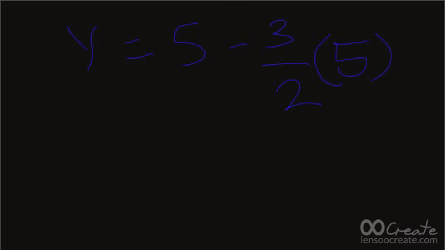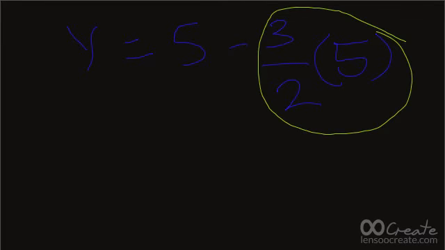So to multiply 3 over 2 times 5, you multiply the numerators and put them over 2.